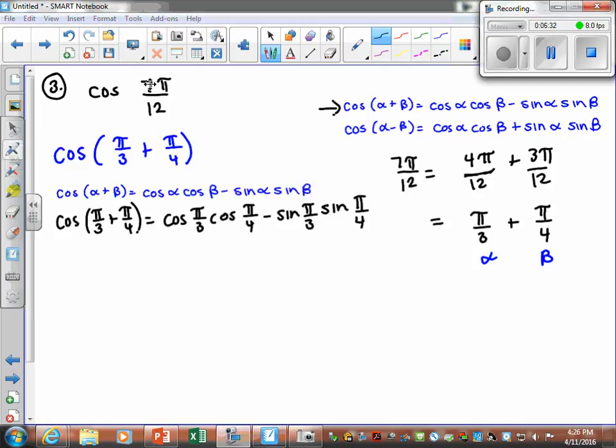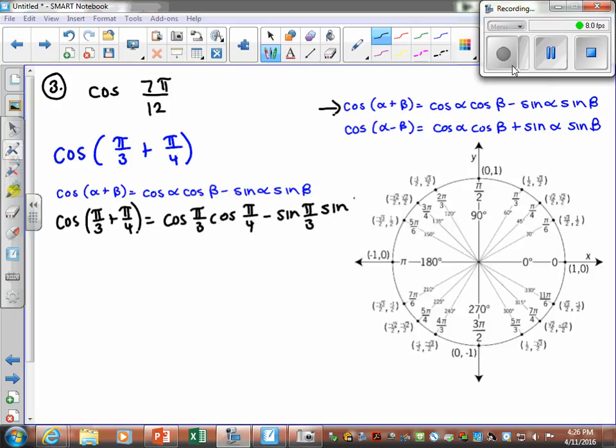Okay, so I rewrote this as cosine of alpha plus beta, and pull my formula that matches this. And then I plug in pi over 3 for alpha and pi over 4 for beta, and this is what I'm looking at. And now we want to pull our unit circle and evaluate these. Cosine of pi over 3 is just going to be 1/2.